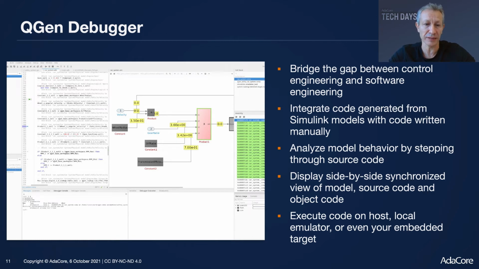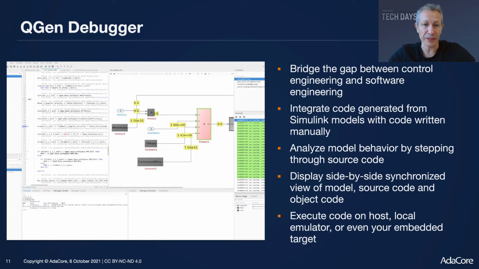So here on the screen, you can see in the middle, there is the model representation. It is our own representation of a Simulink model. We respect the location of the different blocks, the names, so that you can easily recognize your original model.